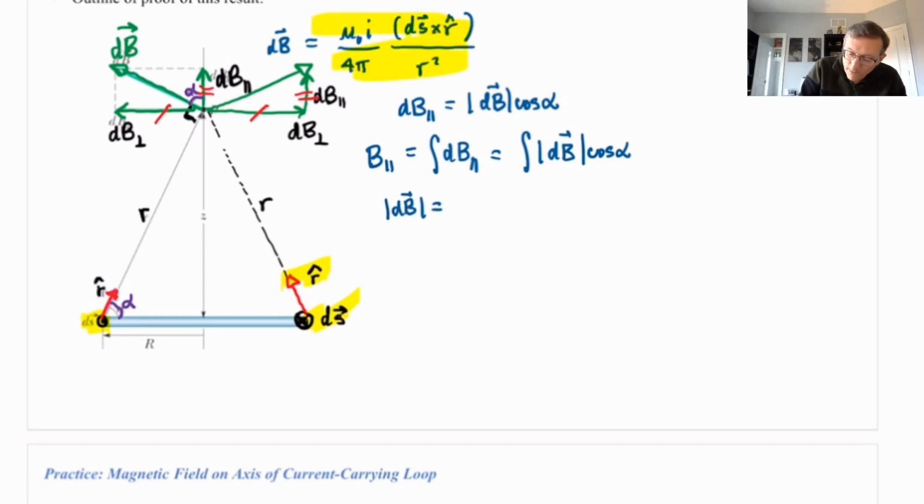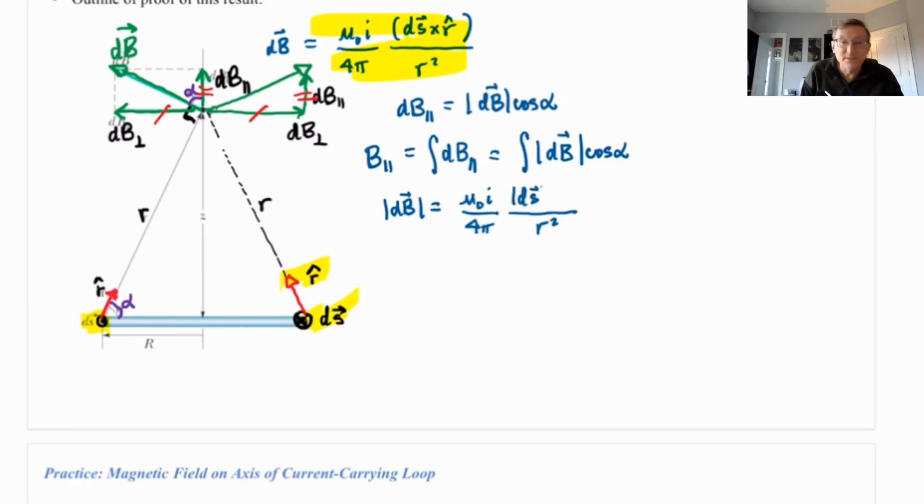That will be mu 0 I over 4 pi r squared downstairs, and then magnitude of ds cross r hat. That'll be magnitude ds, magnitude r hat, 1, right? Sine, it's a cross product, sine of the angle between ds and r hat.